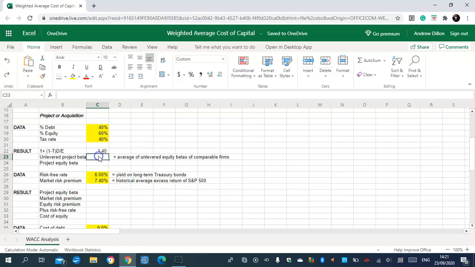And I'll calculate the unlevered project beta. Project equity beta.